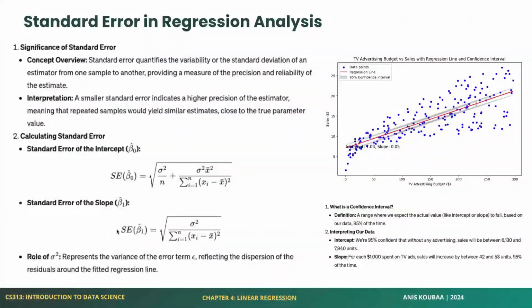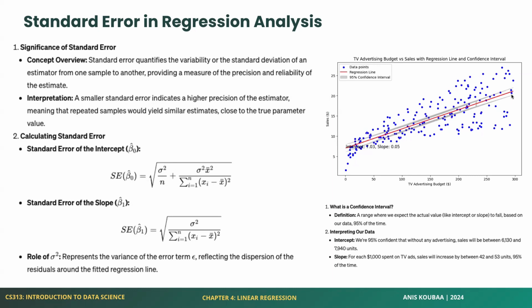And of course, when we have the variance and the standard error, we can calculate the confidence interval at 95%. What you see in the gray lines represents the confidence interval of the regression line. So at 95%, all the regression lines that we will estimate will be between the upper line in gray and the bottom line in gray.